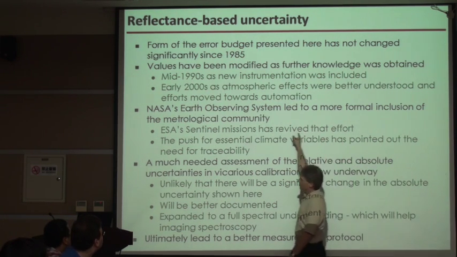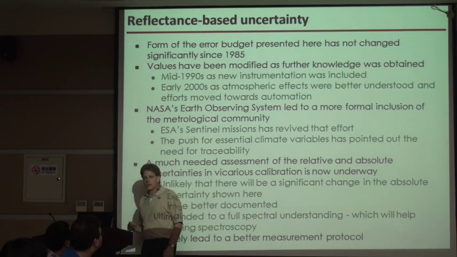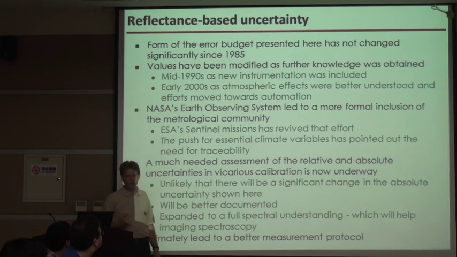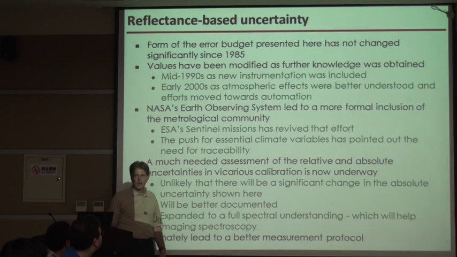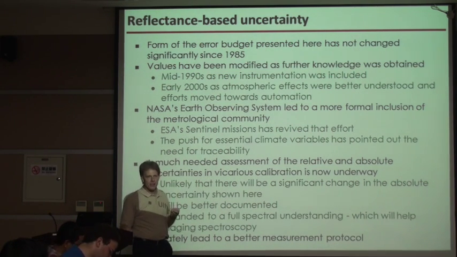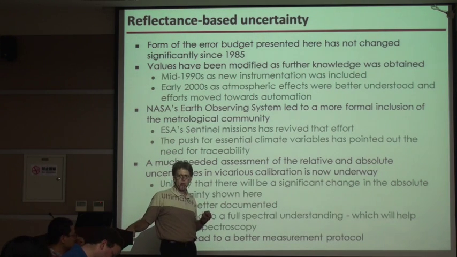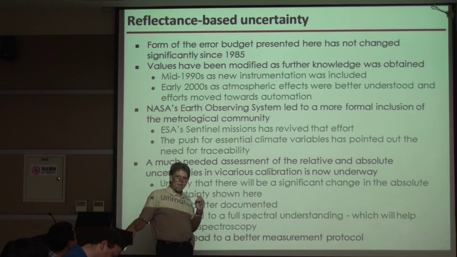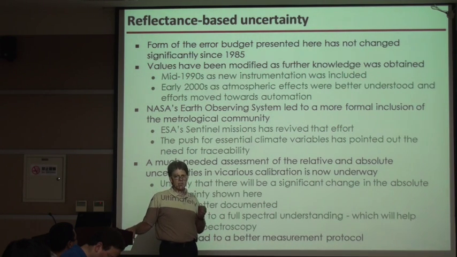The big thing that happened was, in the late 90s, NASA started the Earth Observing System: Terra, Aqua, Aura, and then some of the follow-on missions. Within that was a recognition that calibration played a key role. So they forced the NASA scientists to start talking to the scientists at the National Institute of Standards and Technology.